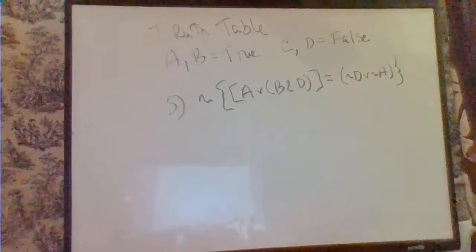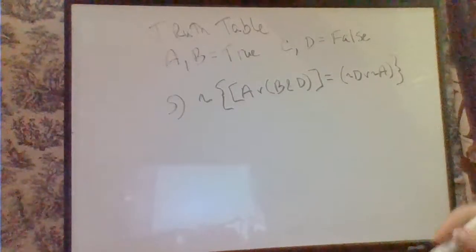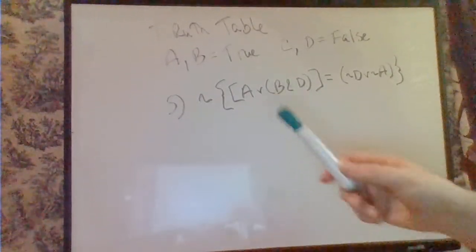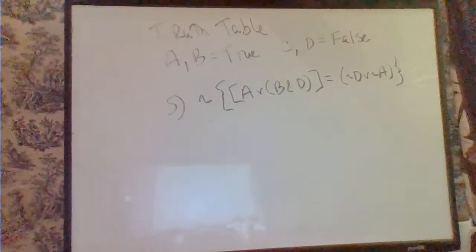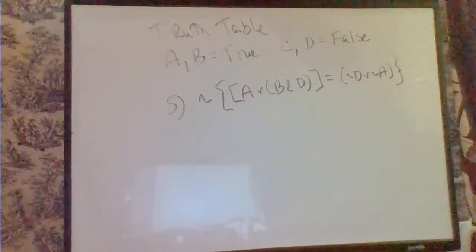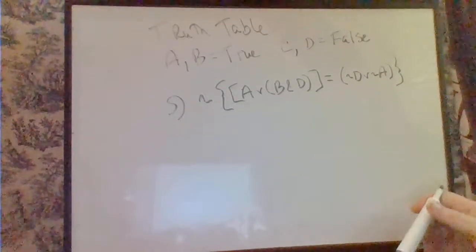All right, so here's a really big one. If you can do this, you can do anything that we've got coming at you in this whole chapter here. It shouldn't be that difficult. So now we've got one that uses parentheses, brackets, and braces. Big ugly thing, I have no idea what it could actually mean, but we can still solve it in terms of its truth value.